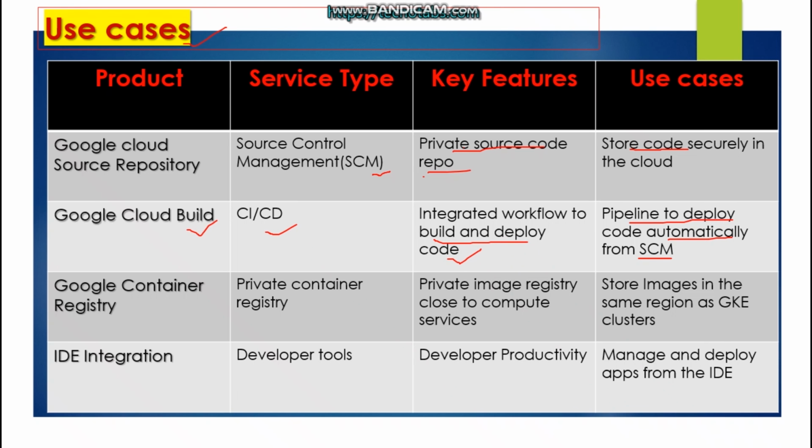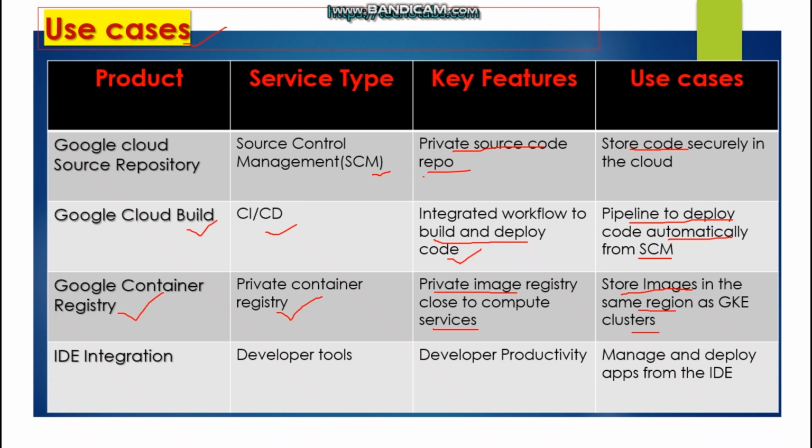The Google Cloud Registry service basically acts as a repository which stores private images close to your compute services. So it will be using the same network where your code is being deployed, and it will be very fast. It stores the image in the same region as the GKE cluster, and it's a private container registry.